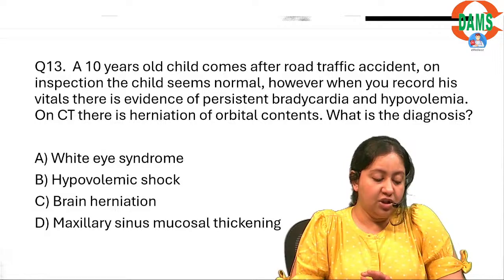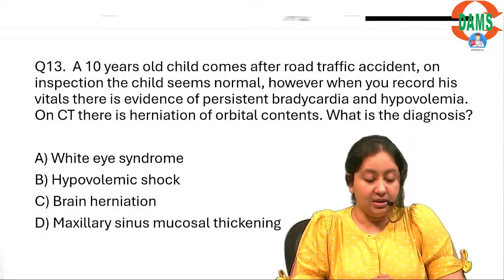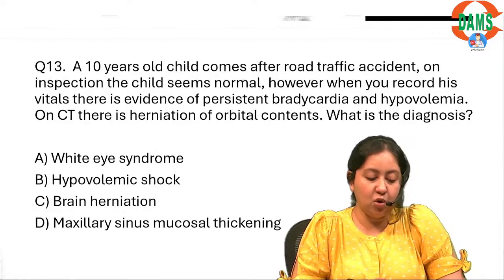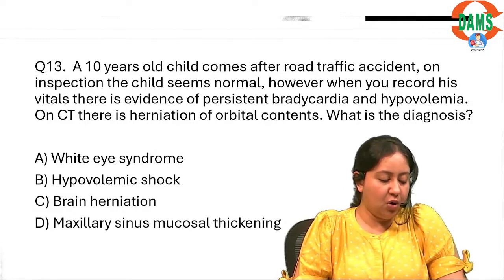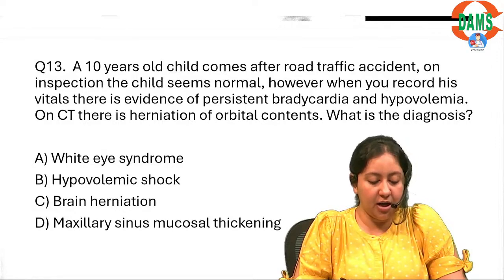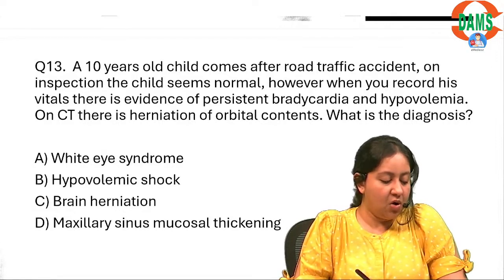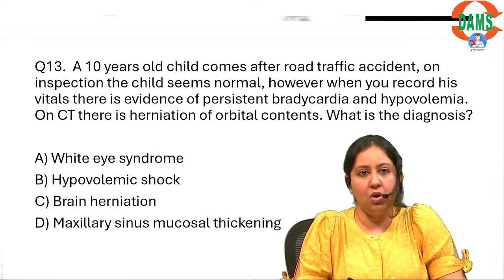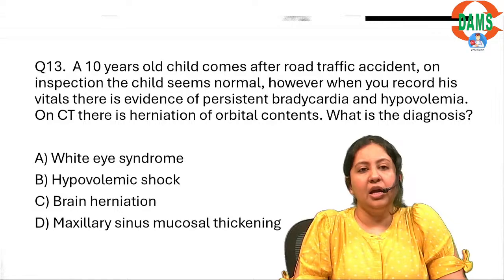Fine. Now coming to our next question. A 10-year-old child comes after a road traffic accident. On inspection, the child seems normal. However, when you record his vitals, there is evidence of persistent bradycardia and hypovolemia. On CT, there is herniation of orbital contents. What is your diagnosis? A. White eye syndrome. B. Hypovolemic shock.